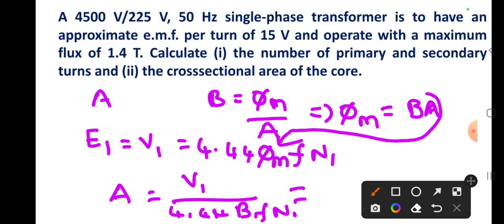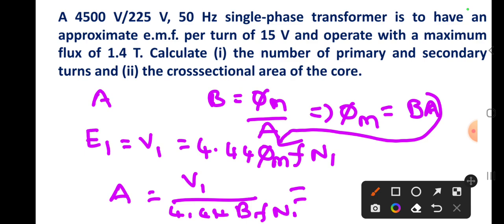Now you substitute all these values. V1 is 4500 divided by 4.44 into B value, the B value is 1.4, frequency is 50 Hz, N1. What is the value of N1?